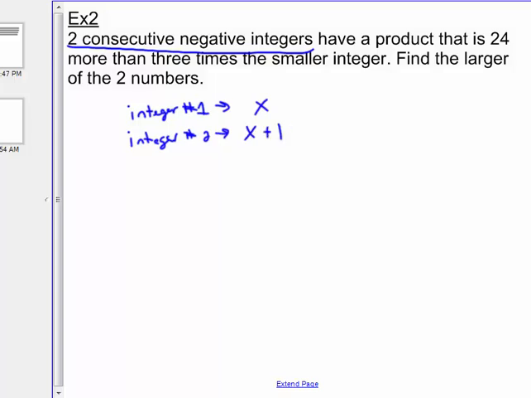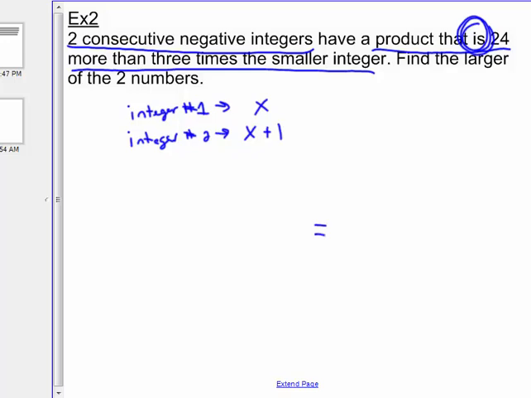And we did some problems like this before in previous chapters here. So now I'm going to take a look and say, okay, if I know what integer 1 is, if I know what integer 2 is, now let's create an equation here. So it says they have a product. Two consecutive integers have a product that is. That's our equal sign here.